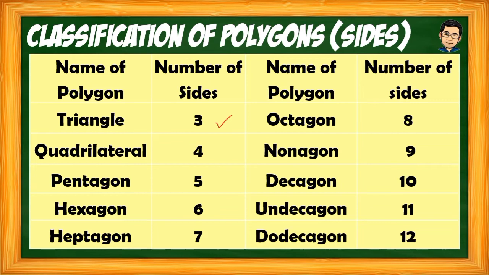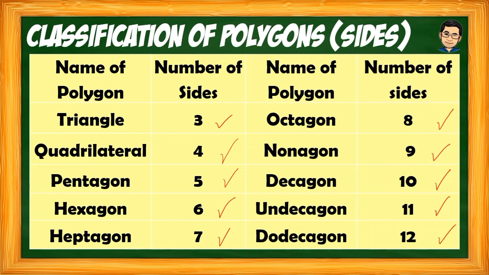And then kapag five-sided, yung polygon, pentagon. Kapag 6 naman, hexagon. Heptagon pag 7. Octagon pag 8. Nonagon pag 9. Decagon naman pag 10. Undecagon kapag 11. And then dodecagon kapag 12.